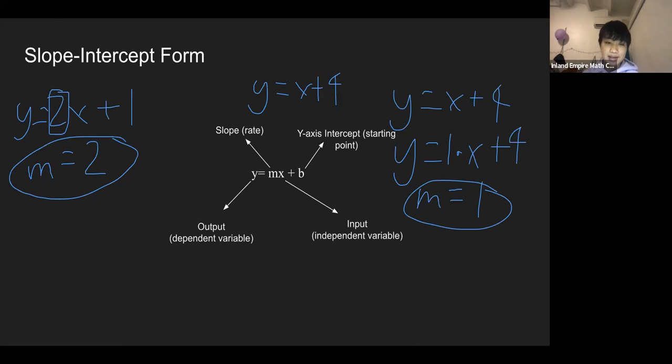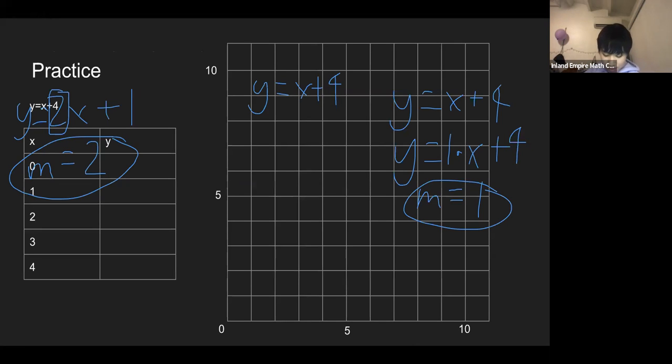If we go back to what it looked like before, for y equals x plus 4, it looked like this, right? You have this line going up, and it's decently steep, around a 45-degree angle.